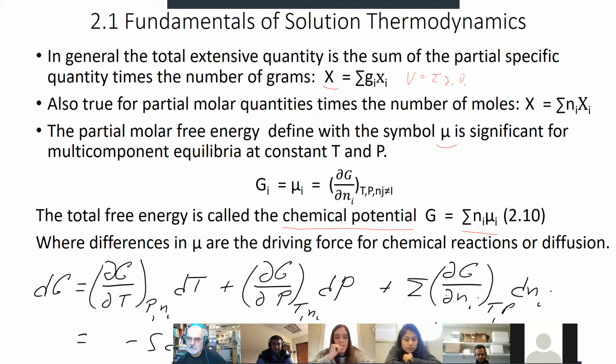It also involves a number of components, so it's the sum over the partial of G with respect to N dN. As we showed in previous slides, this is minus S dT plus V dP plus the sum over the chemical potential of i dNi. This is sort of where we're going here, because this is the quantity that we're interested in using.